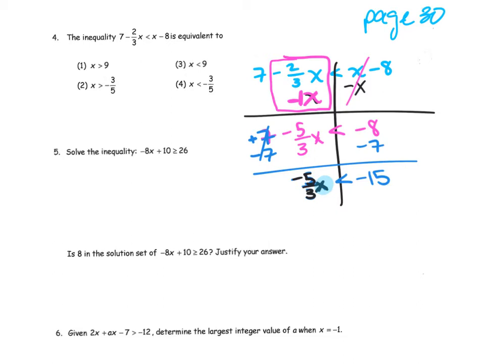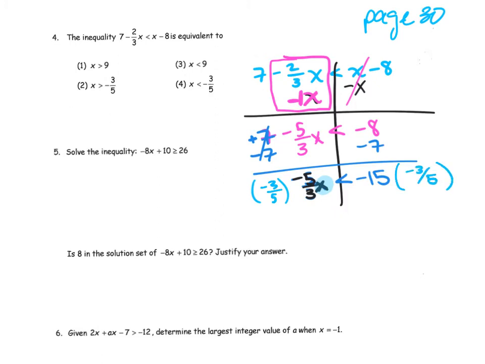We're going to multiply both sides by the reciprocal. What's the reciprocal of negative 5 over 3? Well, its reciprocal is negative 3 over 5. All you guys do is flip the fraction. That's all it is. It doesn't matter if the negative's on top or bottom. All right, so we're multiplying both sides by negative 3 over 5.